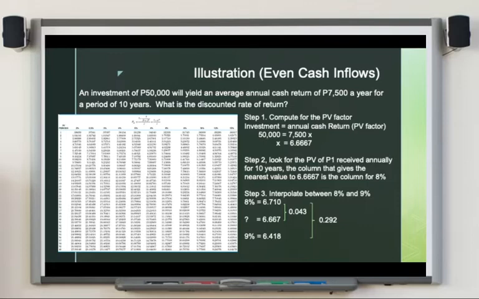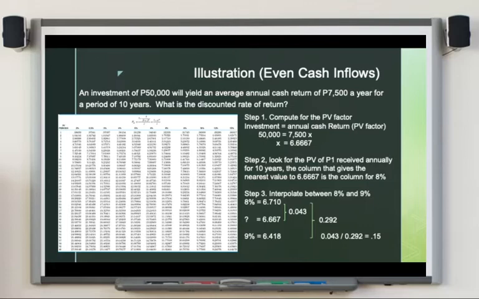So to get the ratio between 8% and what we are looking for, you simply divide 0.043 by 0.292, and it will give you 0.15. So that is the ratio from 8% up to what we are looking for, but not up to 9%. Okay? So the remaining percentage is actually 85% from what we are looking for to 9%, because this one is 15%, and therefore the remaining is 85%.